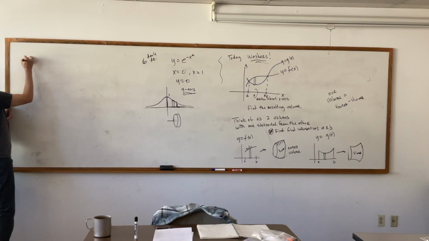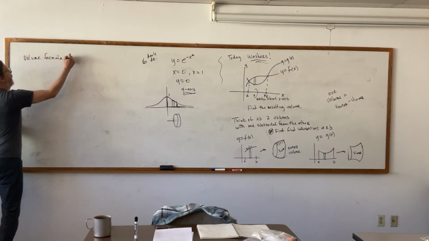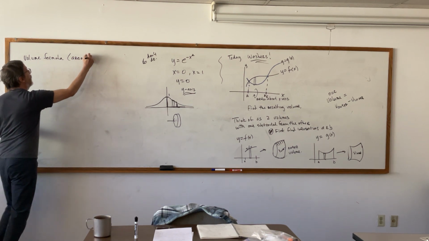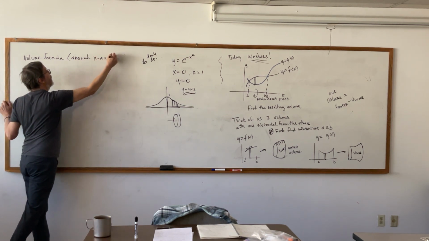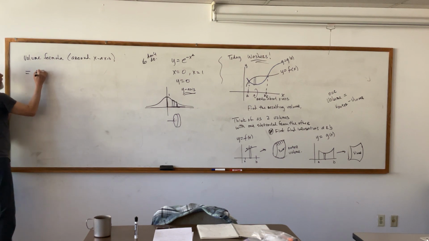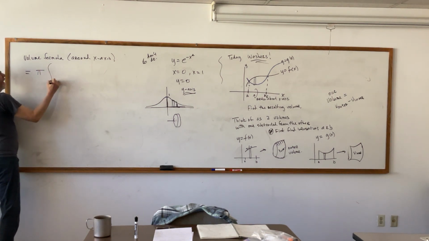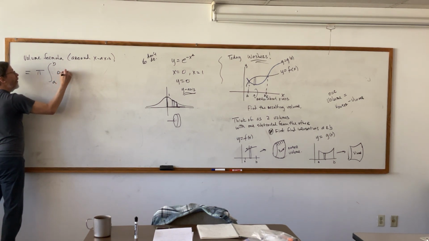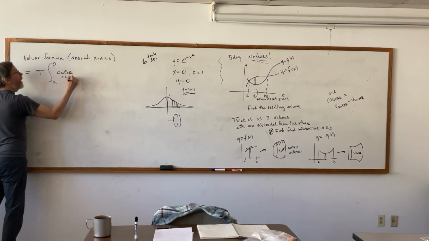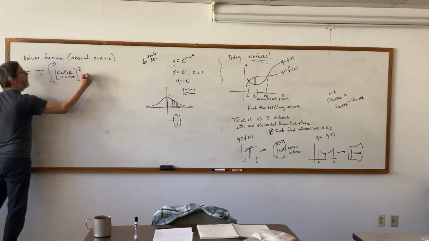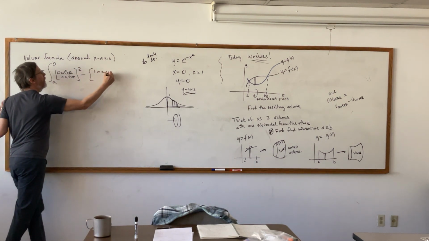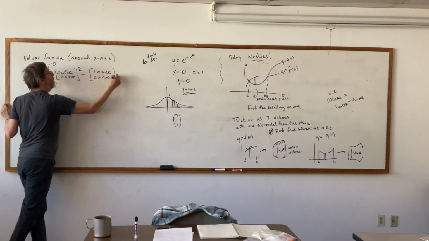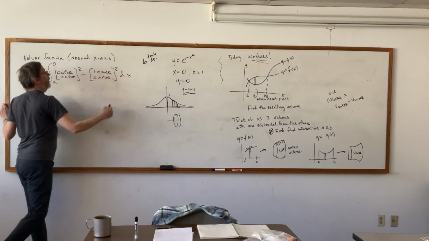our volume formula, and this is just around the x-axis, is equal to pi times the integral from a to b of outer curve squared minus inner curve squared, dx.